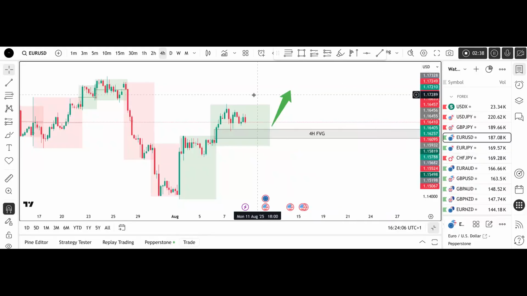And I actually managed to get a trade, which is the 4-hour fair value gap.